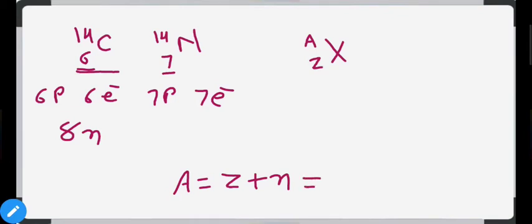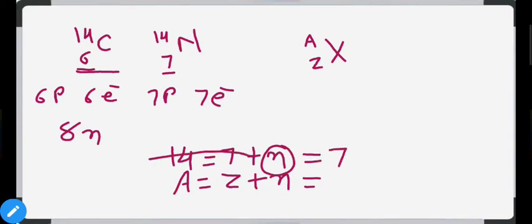So in this case A is equal to 14 and Z is equal to 7. So 14 equals 7 plus N, which means N must be 7. Okay, so N is equal to 7 in this case, that means it contains 7 neutrons. So these are the numbers of electrons, protons and neutrons in this case.